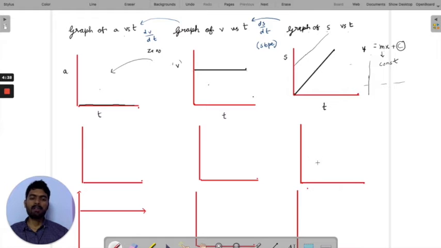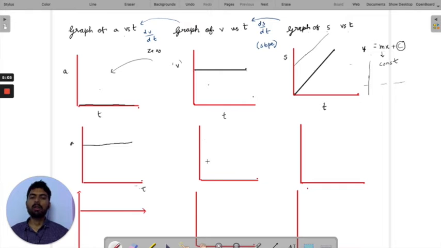Now let's look at another case. Let's look at a case where the acceleration is constant. So this is the motion of an object under constant acceleration. So your a versus t is a constant straight line, right? Now we're going to do the other exercise, which is trying to get from here to here.